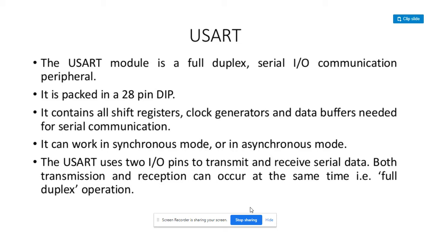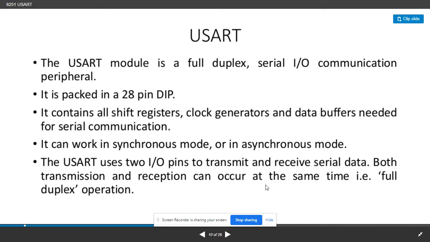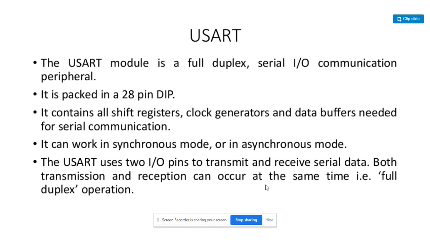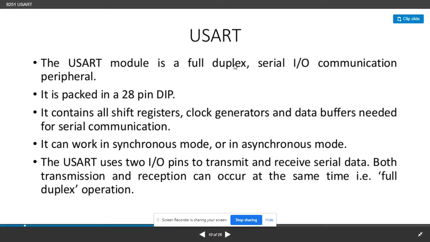The IC number 8251 is an interface or controller for serial communication between a microprocessor and any parallel device or serial device. So today we will study the USART, its block diagram, its mode of operation, its pin diagram, etc. So let's start with USART.